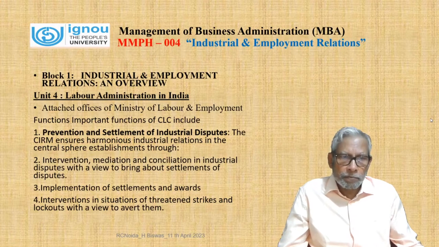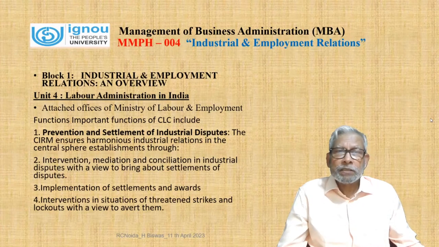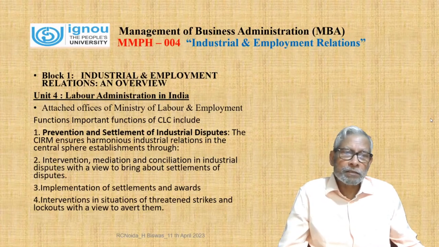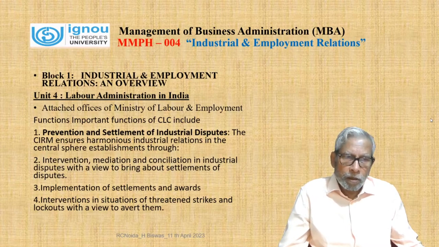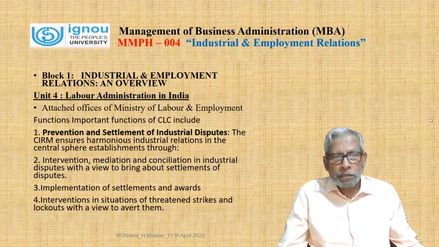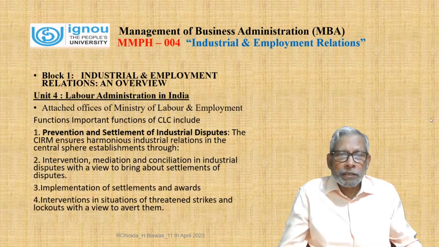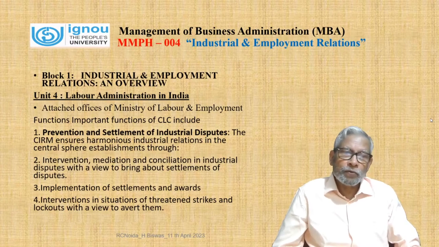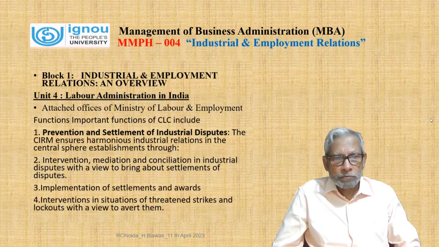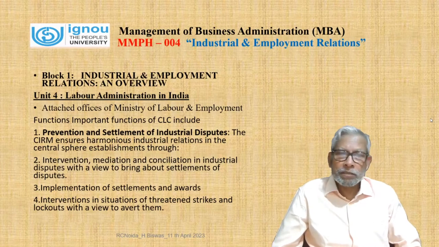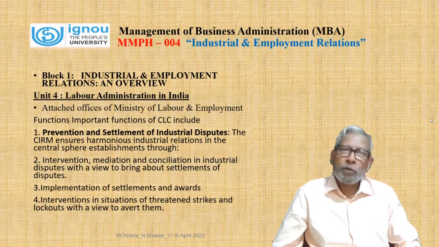The CIRM ensures harmonious industrial relations in the central sphere through interventions, mediation, and conciliation in industrial disputes, with a view to bringing about settlement of the disputes. Then comes implementation of the settlements and awards. If any award is required, that also has to be given. That provision is also there.